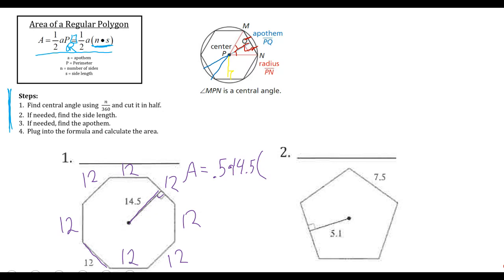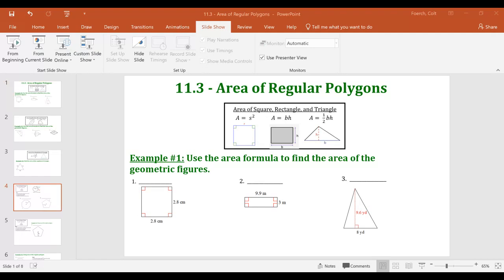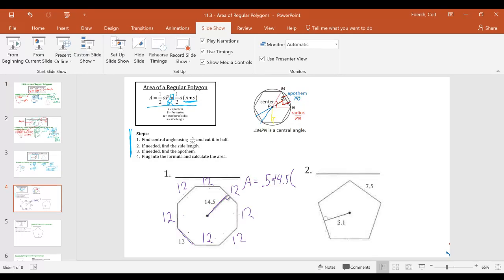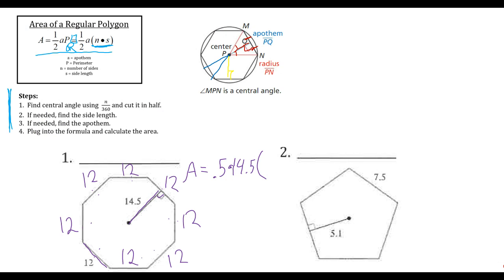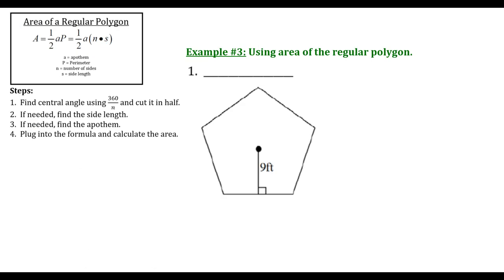And this is 12, right? So you could do 12 plus 12 plus 12 and so on, or you could just multiply by how many sides there are. 1, 2, 3, 4, 5, 6, 7, 8. Right, there are 8 sides.